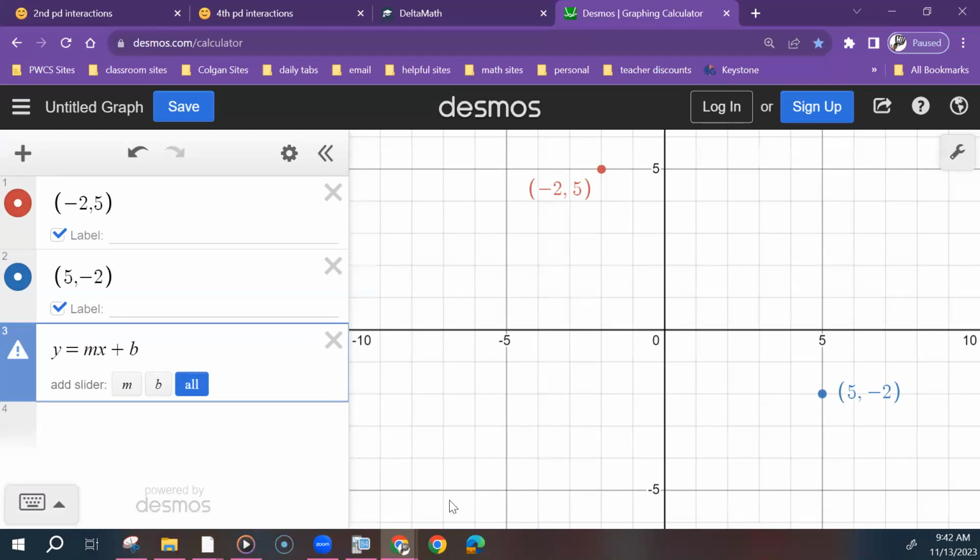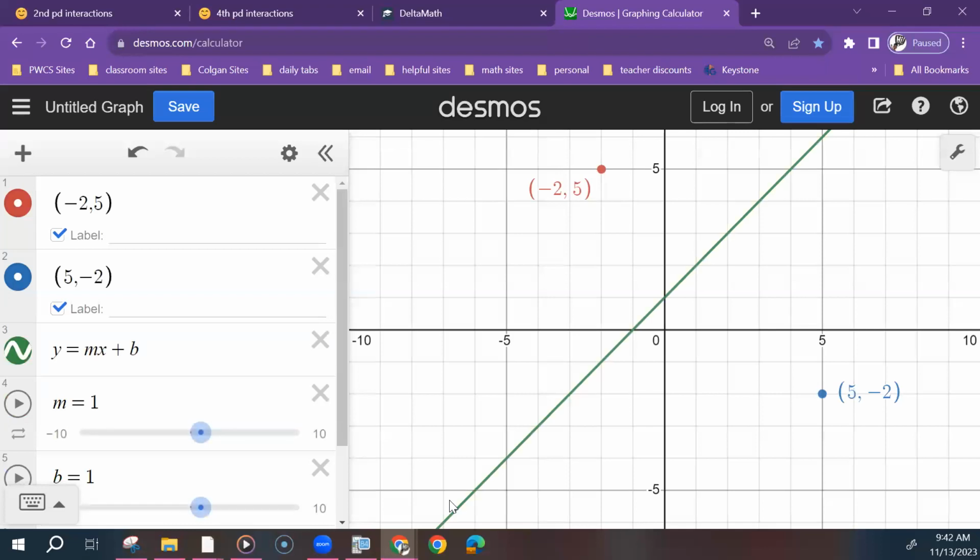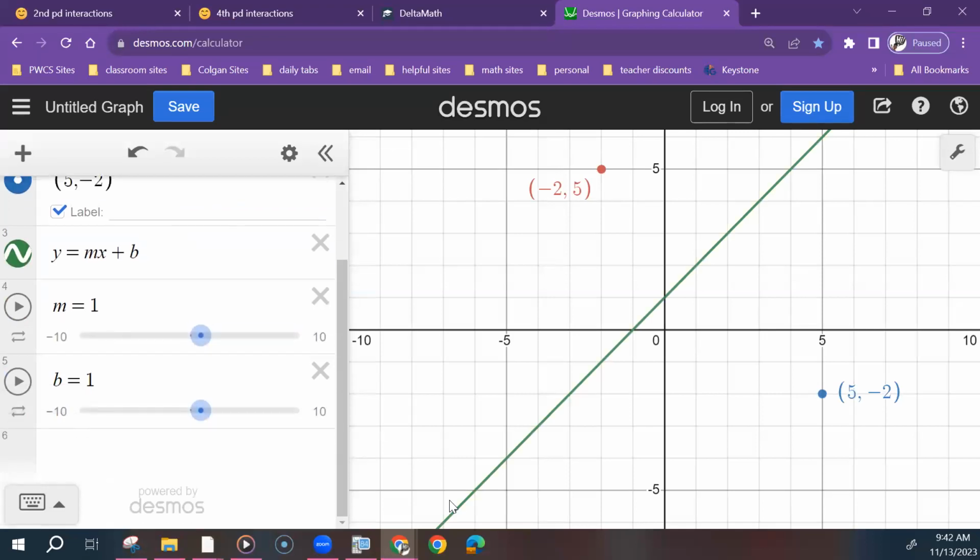So when you type in your y equals mx plus b, it's going to ask you to add in sliders. You want to add all. So type in y equals mx plus b, add all sliders. We know that the slope of this counted was -1.